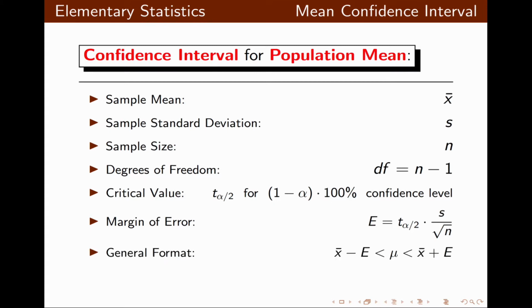We apply the margin of error to the general format of the confidence interval, which is x bar minus e and x bar plus e, and then we simplify this answer.